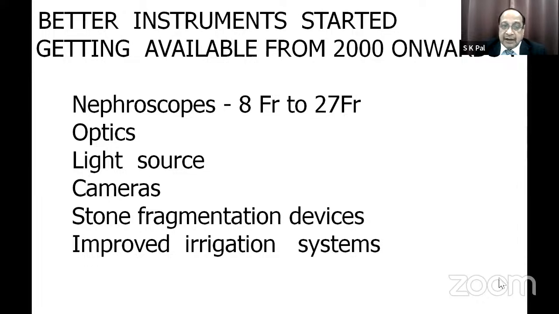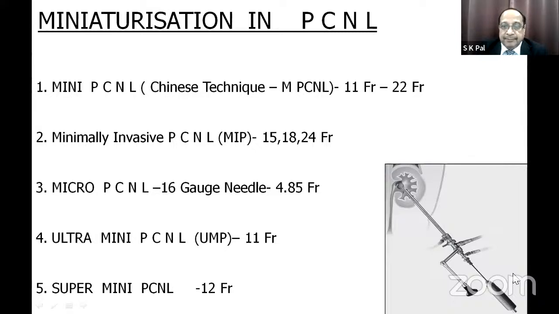Optics is better, light source is better, cameras are excellent, beautiful stone fragmentation devices have arrived, and irrigation systems have also improved. So with all this, the time has come when all these miniaturized techniques of PCNL are flourishing. The mini PCNL was started in China.